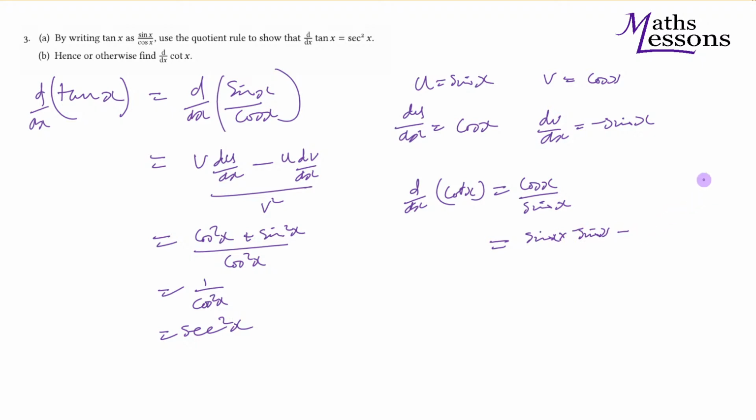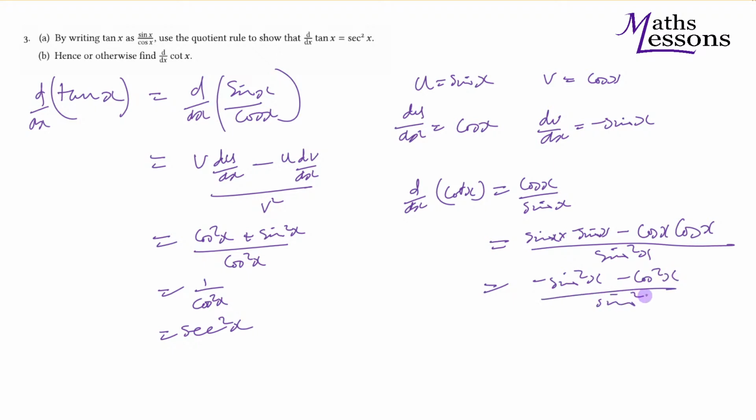I'm going to take away from that u dv by dx, and my u is now going to be cos x, and my dv by dx is going to be cos x, all over v squared, which is going to be sine squared x. So I have sine x times minus sine x gives me minus sine squared x minus cos squared x, all over sine squared x. Now this is just minus sine squared plus cos squared, which is just minus 1, all over sine squared x, which gives us minus cosec squared x.